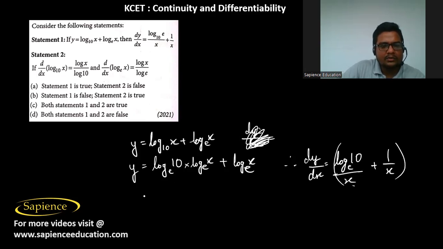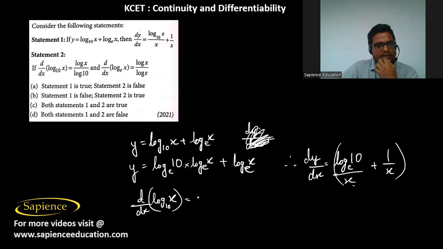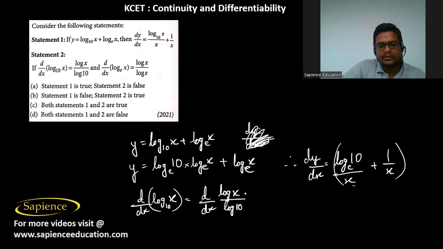And statement 2 is told d by dx of log x base 10. This can be written as d by dx of log x by log 10. I can write log x by log 10. And then this will be equal to 1 by x log 10.